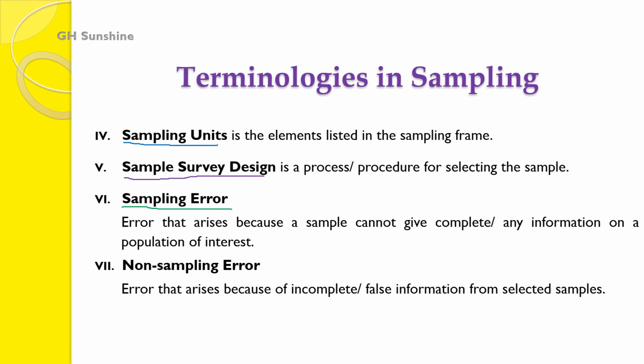Sampling error represents the error that arises because a sample cannot give complete or any information on a population of interest. And last one here is non-sampling error, which means the error that arises because of incomplete or false information from selected samples.